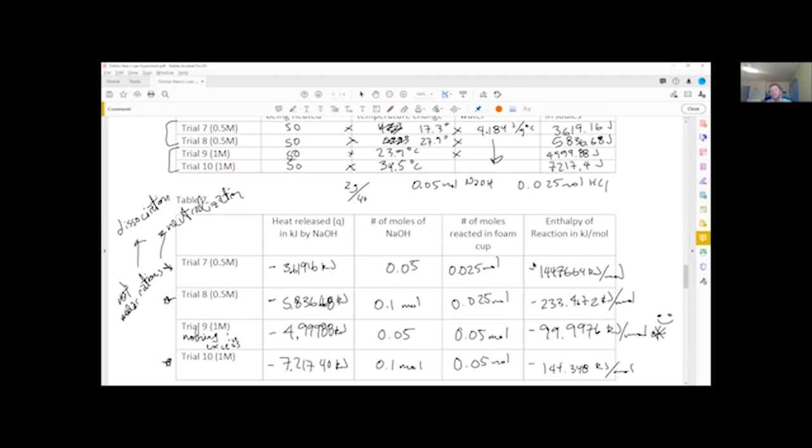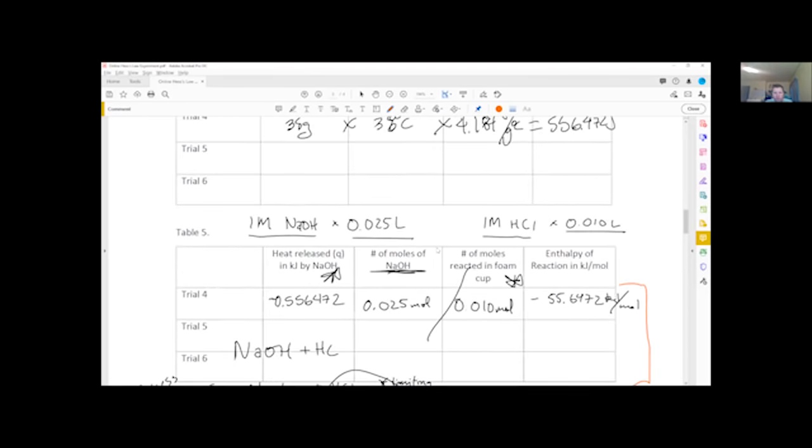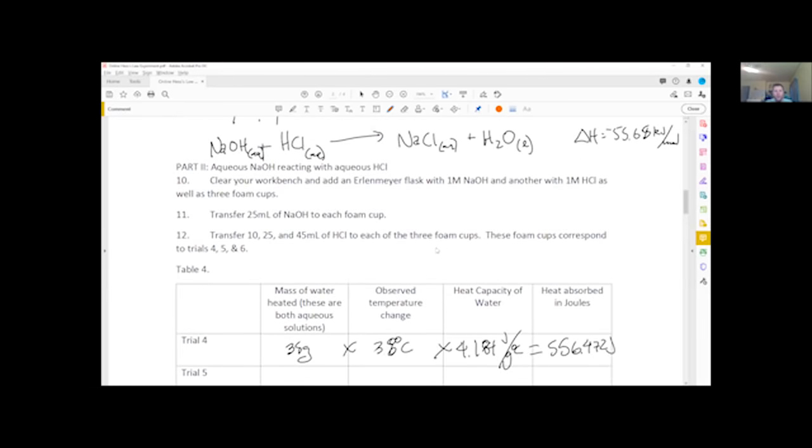Are we not concerned with that in the previous, in part 2? No, we're not. The reason is because we have no phase change there. We have no solid going to an aqueous. We have the formation of water, but we have no phase changes taking place there.